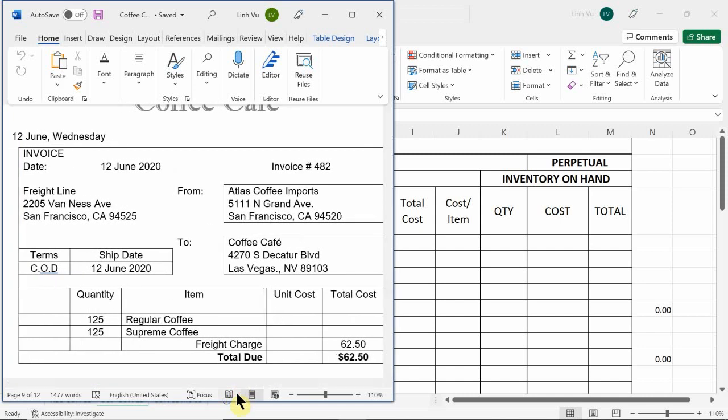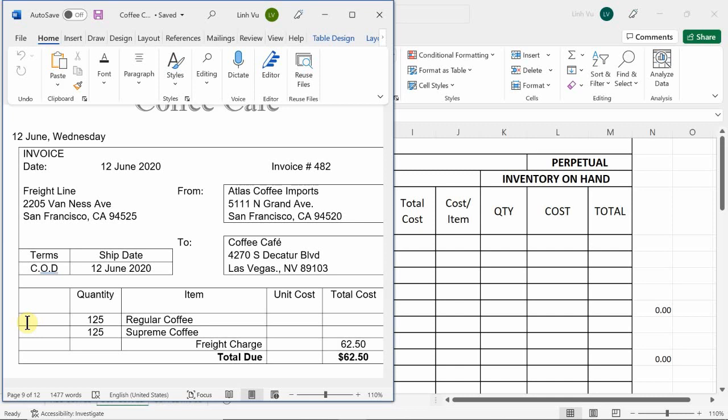It looks like they shipped the coffee to us. And what are their terms? COD. What does COD mean? Cash on delivery, meaning they delivered the coffee to us. They expect us to pay for the delivery of coffee.